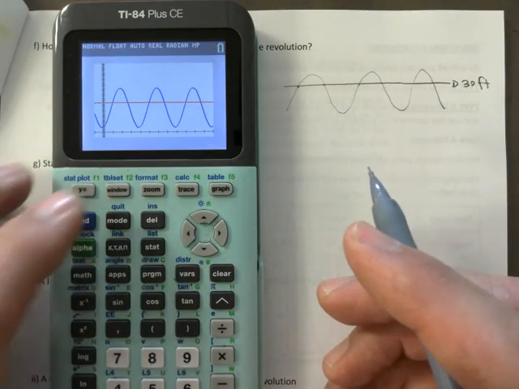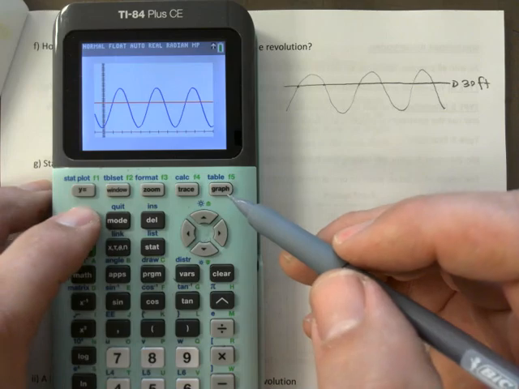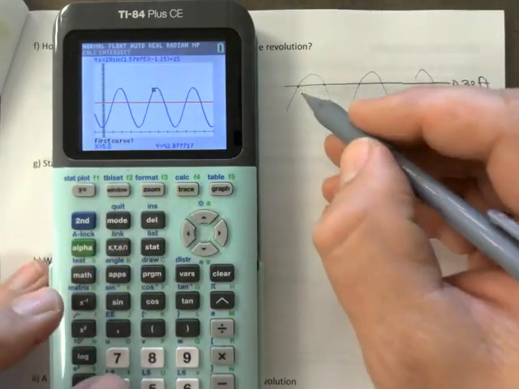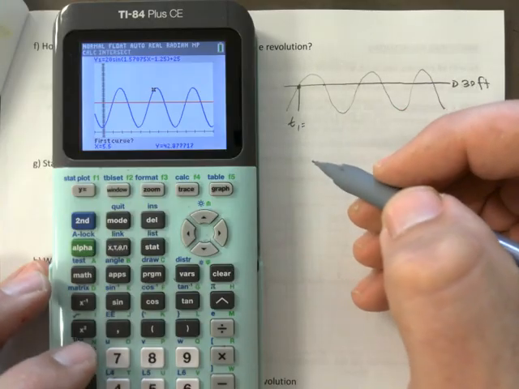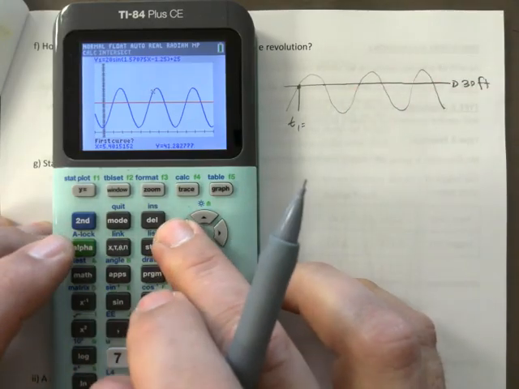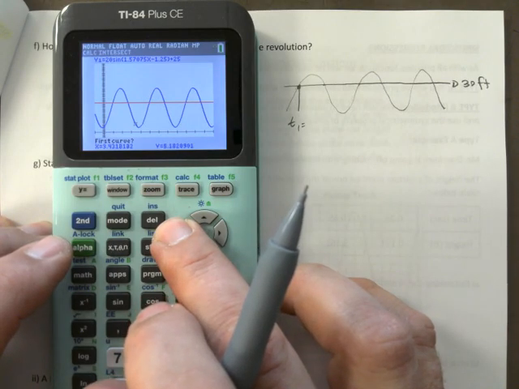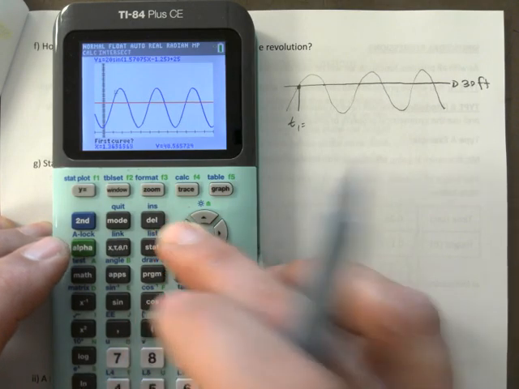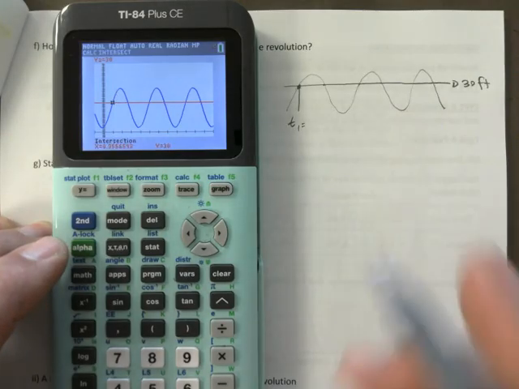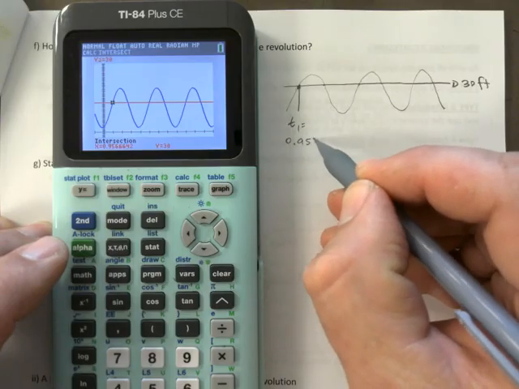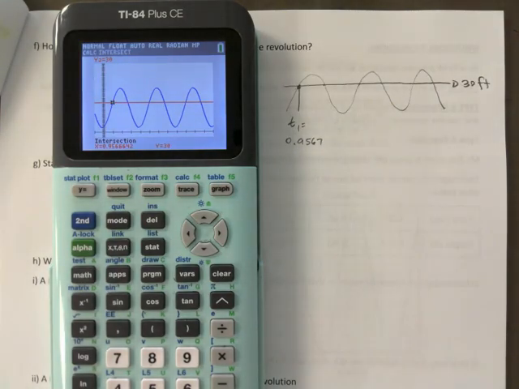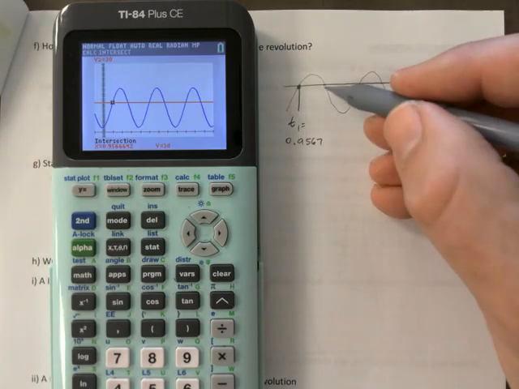And I'm just going to type in 30. And there it is. So second trace, 5. Let's figure this one out. This is the first time on its way up. I'm going to go a little closer to that point. Enter, enter, enter. If you want full marks, turn this into 4 decimals for now because you're not answering the question just yet.